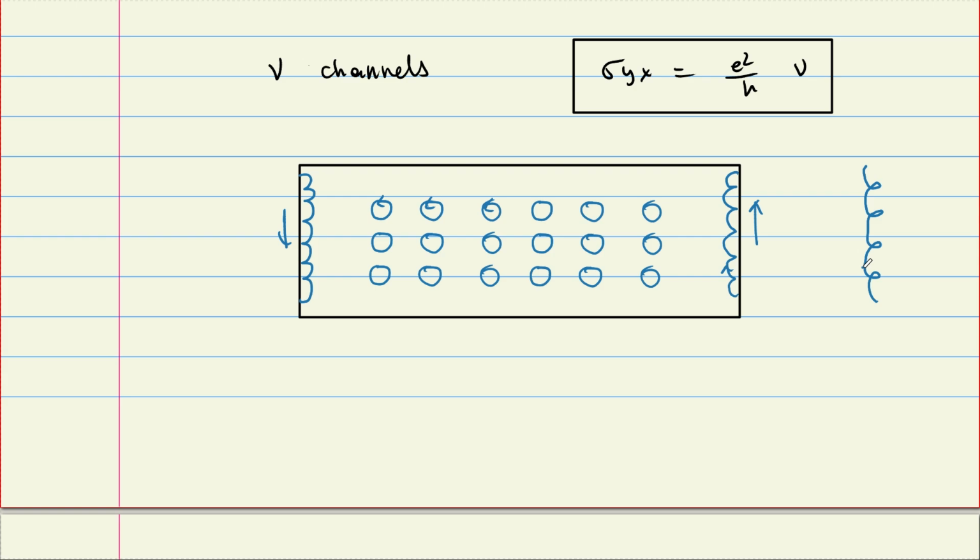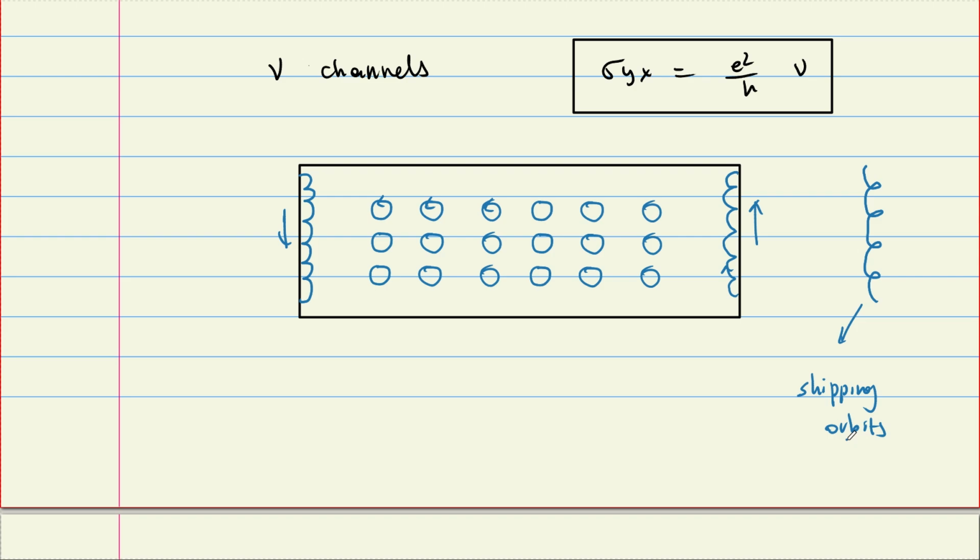These are semi-classical, right? Kind of like they want to do the circle, but because of the strong potential at the boundary, they reflect and they try again and they try again and they try again. So these are what we call skipping orbits.